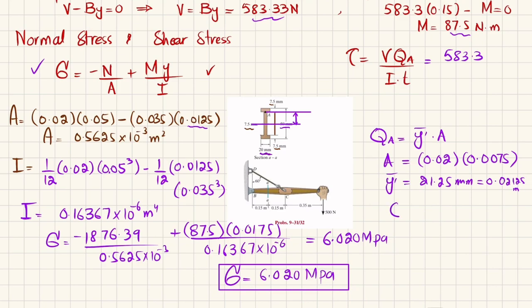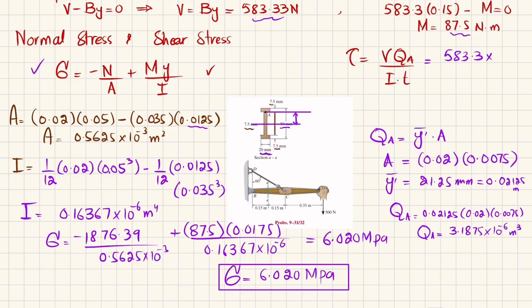Now you have both the values. So just put it in above. QA will become equal to y dash, which is 0.02125, multiplied by area, which is 0.02 into 0.0075, and you will get QA equal to 3.1875 into 10 raised to the power minus 6 cubic meter.